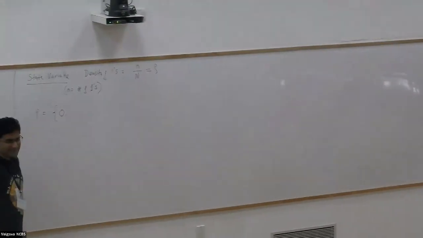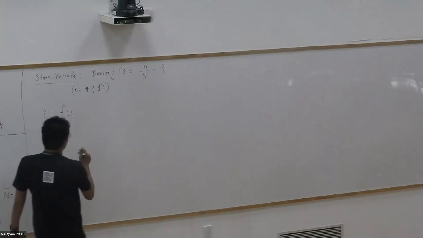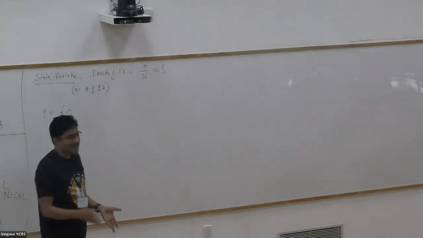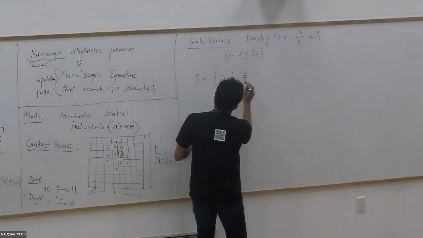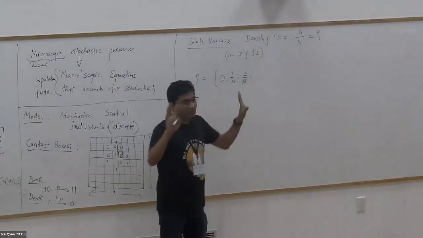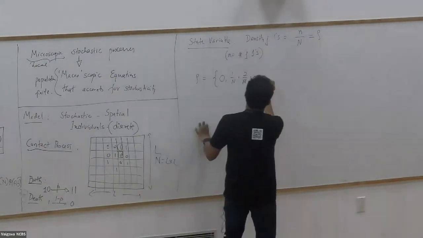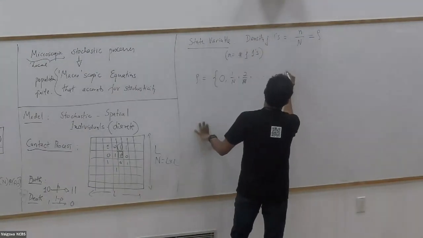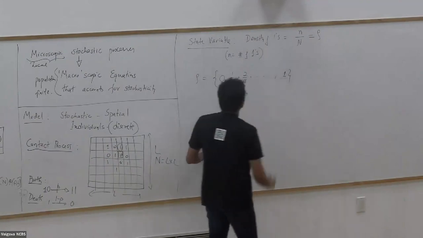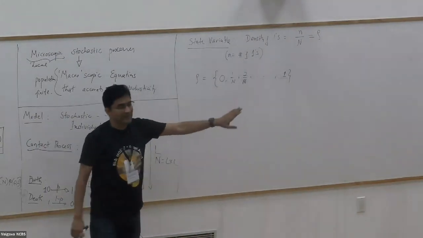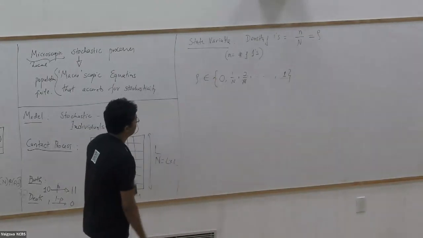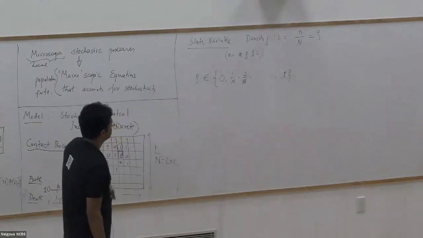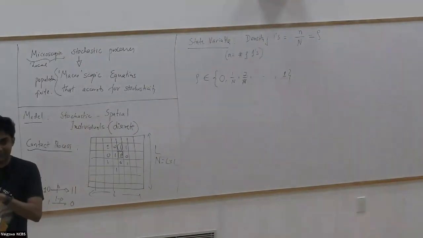If there are no ones, the value will be 0. If there's only one occupied site in the entire landscape, it would be 1 over n, 2 over n, right? Only 2 sites are occupied, 2 over n, and all the way to 1, where everyone is occupied. So these are all the possible values that density can take. Discrete values, right?